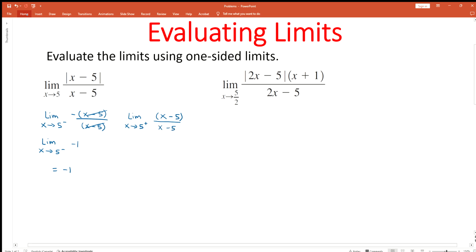The denominator expression will stay the same. Now we can simplify this expression. We can cancel out the x minus 5s. Since there is no x term in this expression, the value of the right-hand limit is equal to 1. We can see that the left-hand limit is not equal to the right-hand limit.